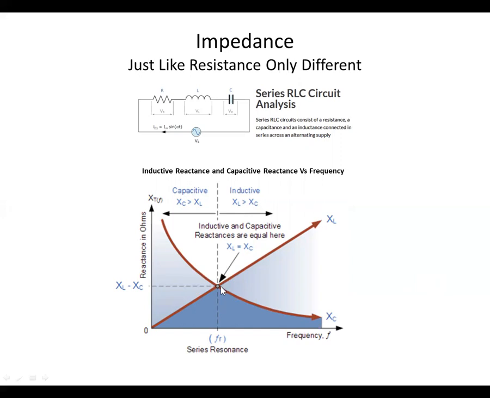Because what you can do is change the capacitive reactance and inductive reactance by changing the length of the dipole and moving this resonant point to whatever frequency you want to operate at.